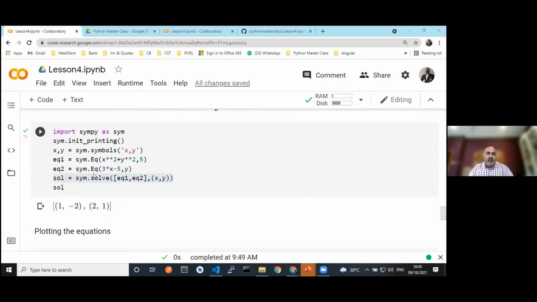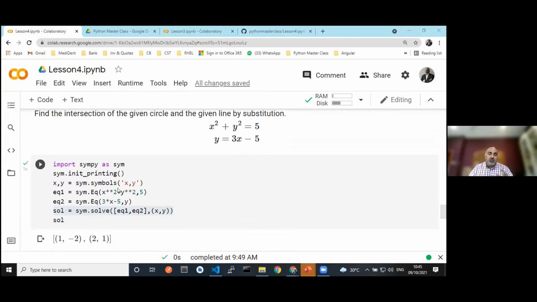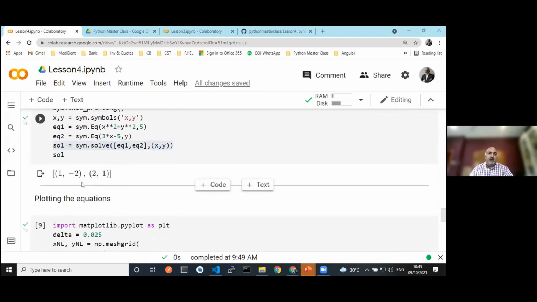And here I can write the equation as it is. That means x squared plus y squared equals 5. And then the line, y minus 3x equals to 5. You have to put it in that description, 3x minus 5 equals y, and then you can solve and get the point where they intersect.